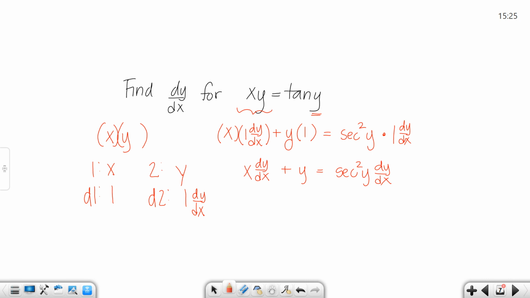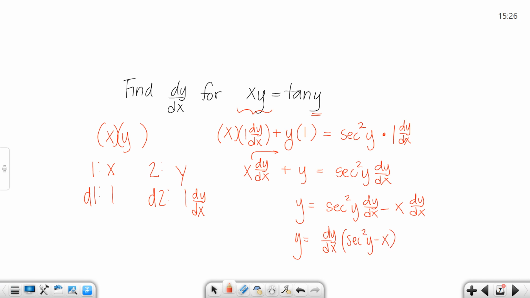Now you'll say, well, which way do I move it? It really doesn't matter. You just need your dy dx's on the same side. I'm going to move this x over. So y would actually equal the secant squared of y dy dx minus x dy dx. So now my dy dx's are on the same side. I need to factor out a dy dx to get it by itself.